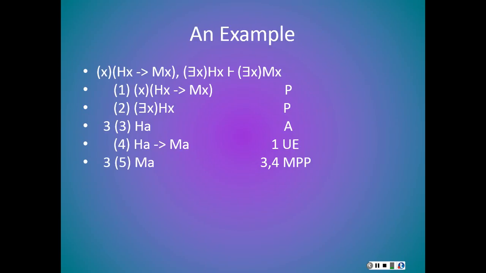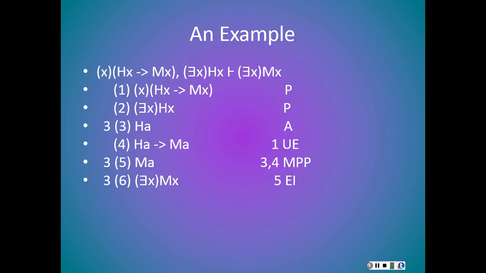Alright, so I see that given lines 3 and 4, I'm in a position to apply modus ponens to get MA. So I've done that. Now I apply existential introduction to get there exists an x such that Mx.